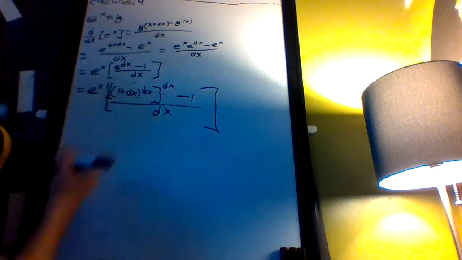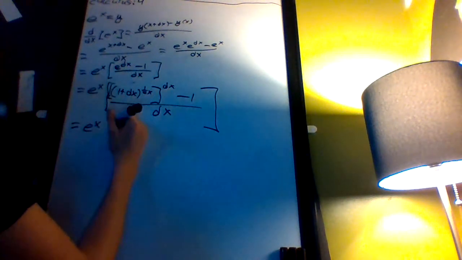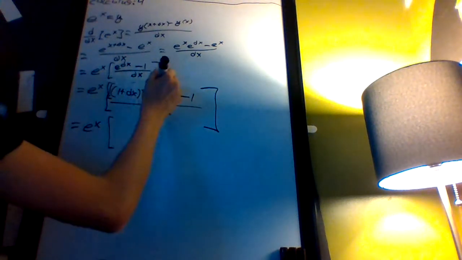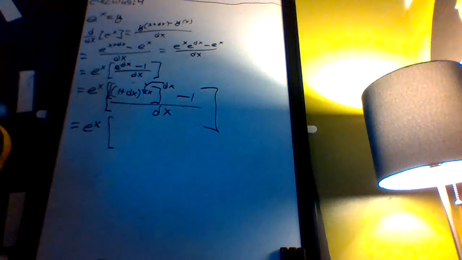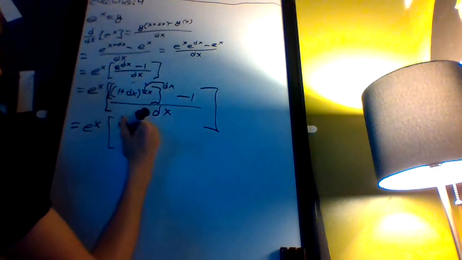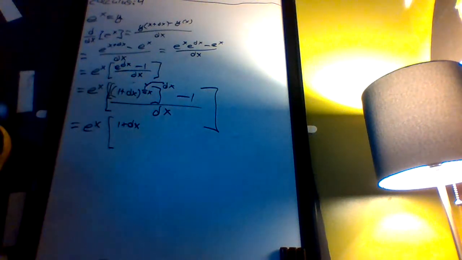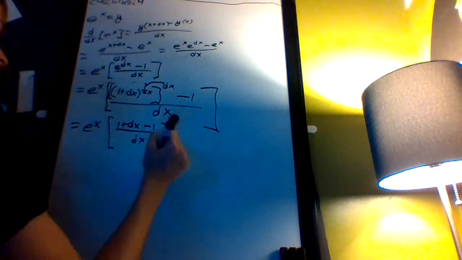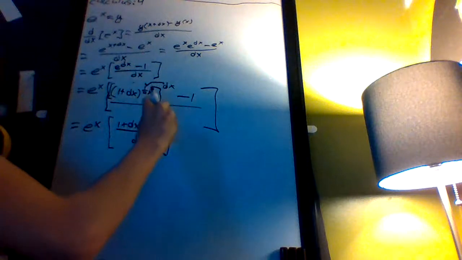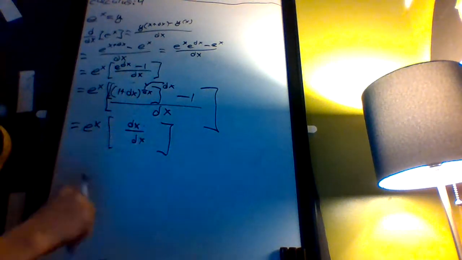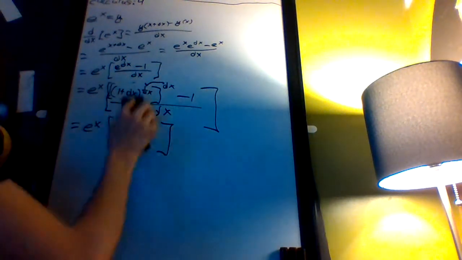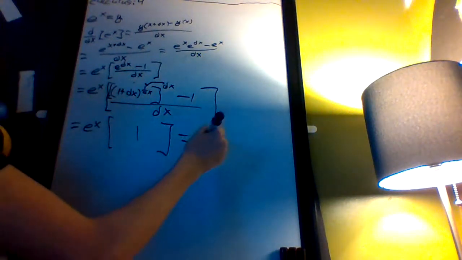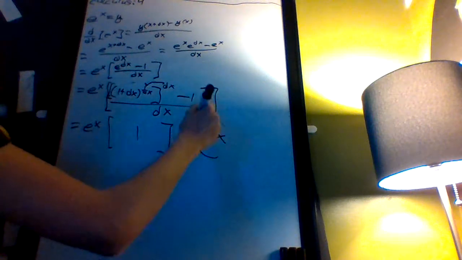This is all being multiplied by e to the x. Okay, you can multiply this down. The exponent becomes 1, so we get 1 plus dx to the first power, it's just 1 plus dx, minus 1 over dx. Well, these cancel out. This right here becomes 1, and look at that, we get e to the x.